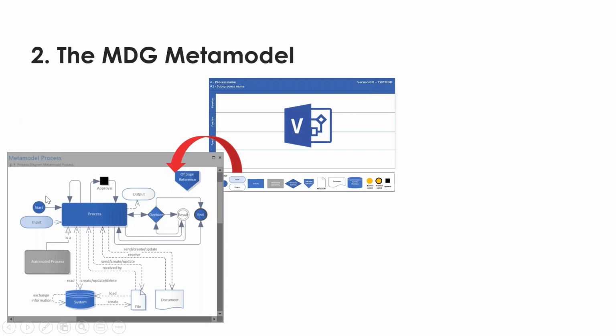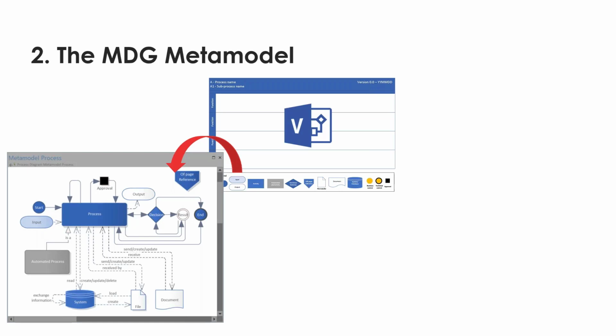So the first iteration, we created an MDG for the process, so we could model the processes. And this is the meta model. So a process can be connected to a process, start goes to a process, and a process can go to an end, but an end can't go back, and so forth. These are all the rules that are valid. And I like to put the visualization onto the meta model.